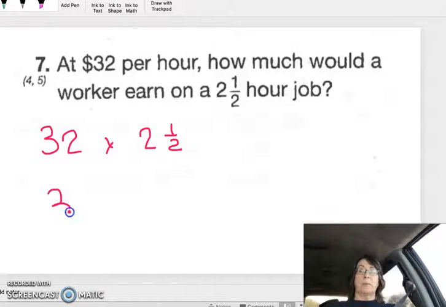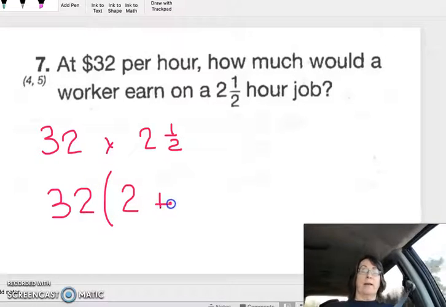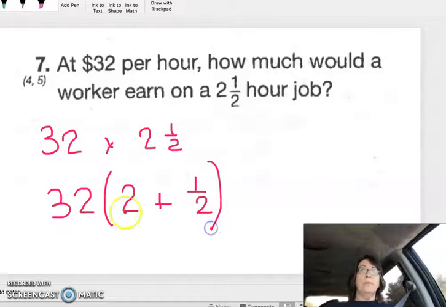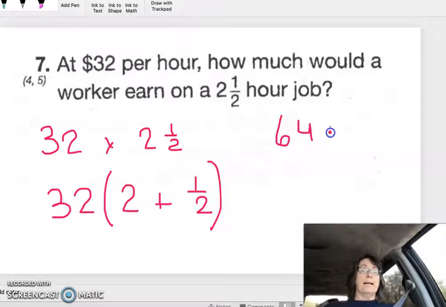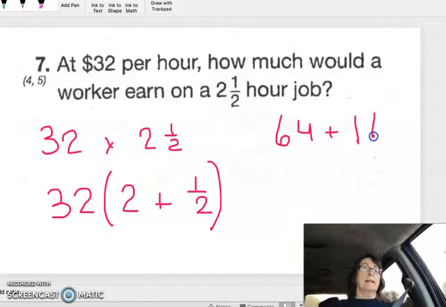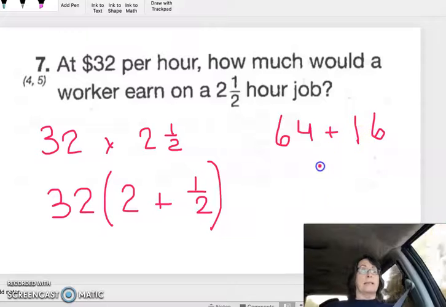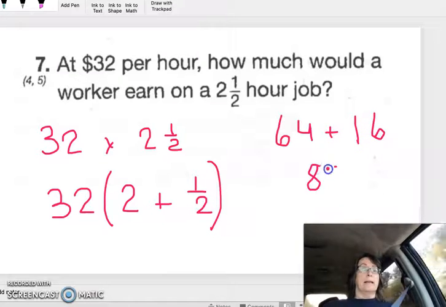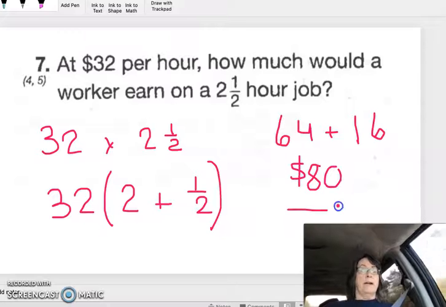We're actually doing the problem 32 times 2 plus 1/2, because that's what 2.5 is. 32 times 2 is 64, plus 32 times 1/2 is 16. And when I add 64 and 16 together, I get 80. And that's going to be $80. So in 2.5 hours, he's going to earn $80.